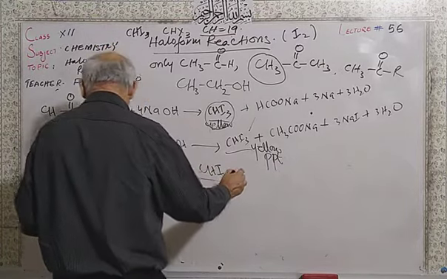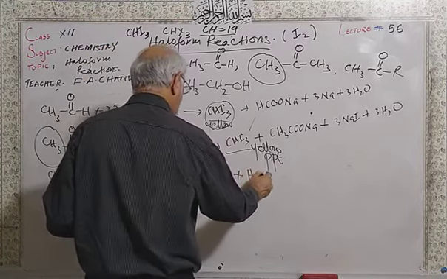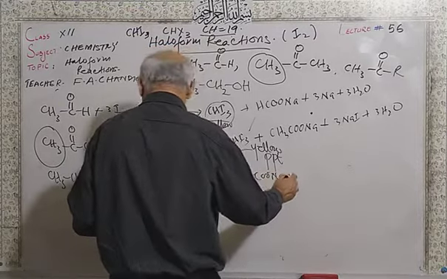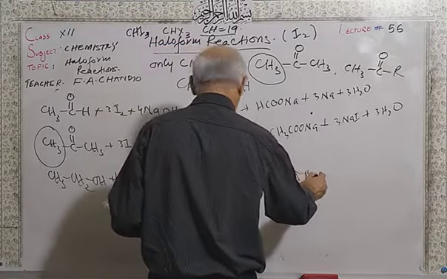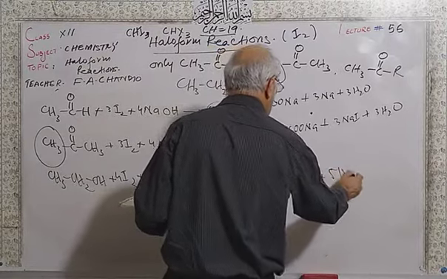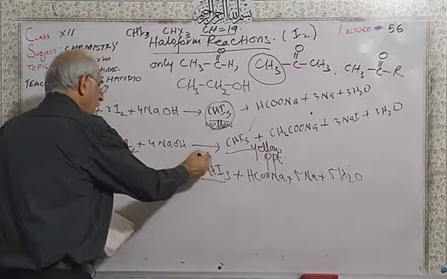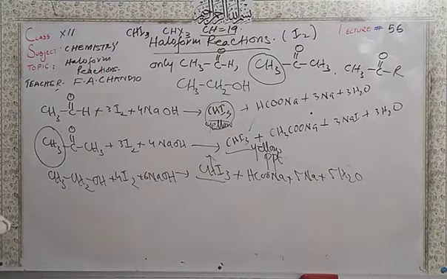This iodoform plus sodium formate and sodium iodide and 5 water molecules. So again, iodoform is going to be formed with the alcohol. So this is number 1, this is number 2, and this is number 3.